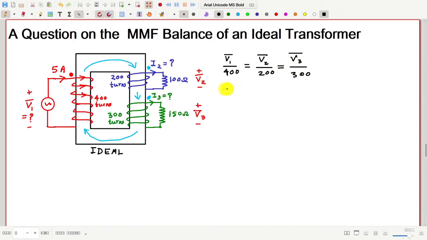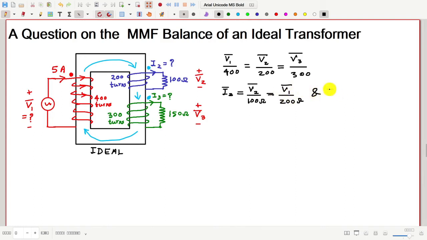Next, the current I2 should be equal to V2 by 100 ohm, and that will be equal to V1 divided by 200 ohm in terms of V1.